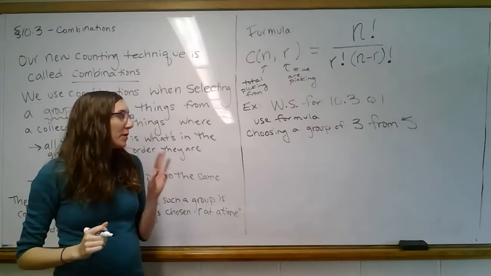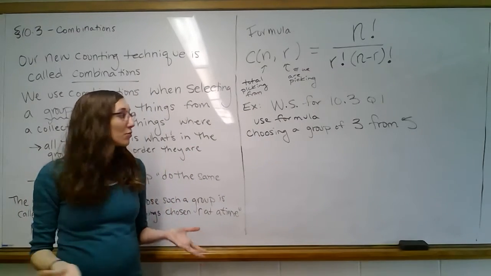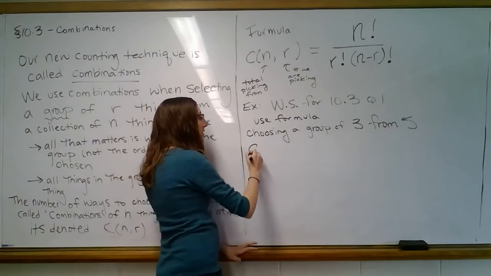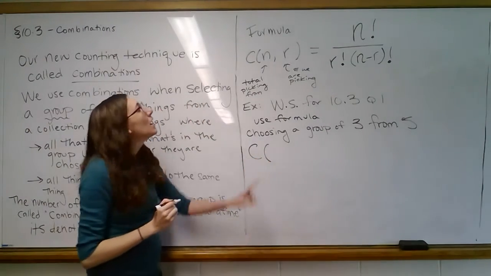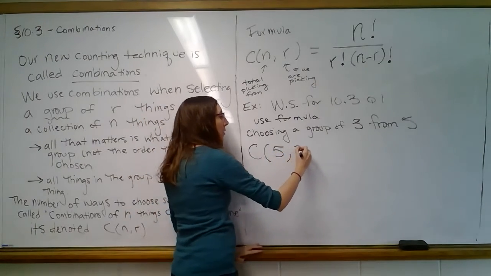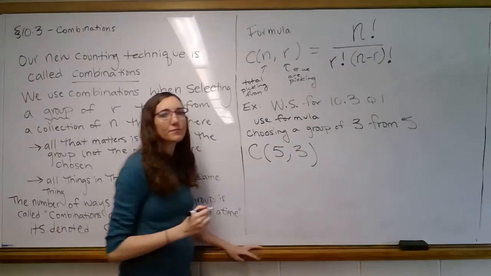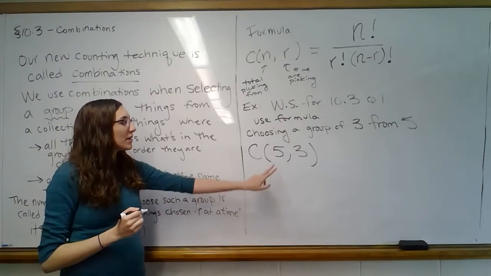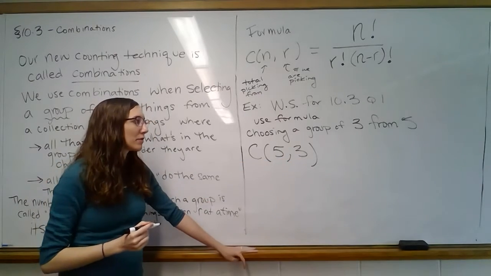From the 5 people, we're going to pick 3 people, and we're picking a group of them. So that means we're going to have a combination where the total is 5, and from that we're picking 3. So combination of 5 picking 3.